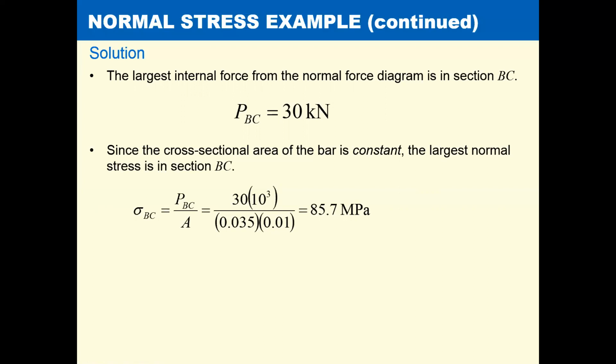Now, if you do this calculation on your calculator, you're going to end up with a very large number here, with lots of zeros and so forth. And you'll see that the answer has been written as 85.7 megapascal, okay?